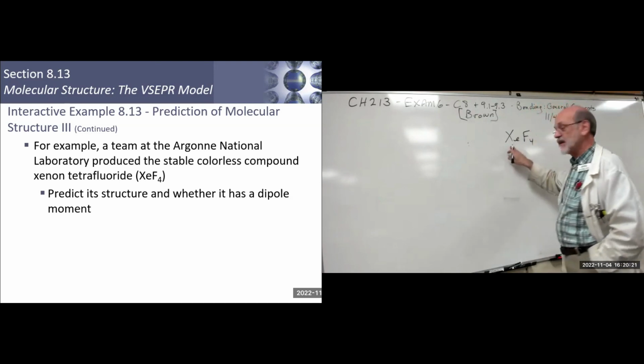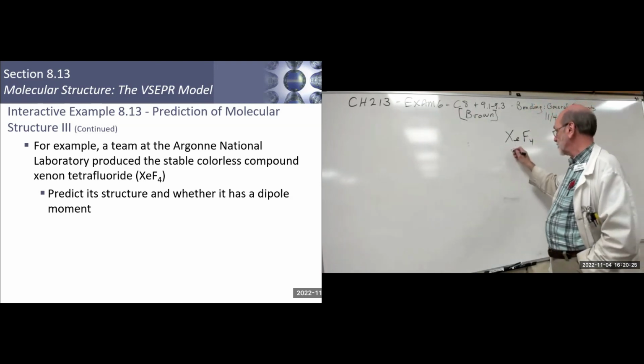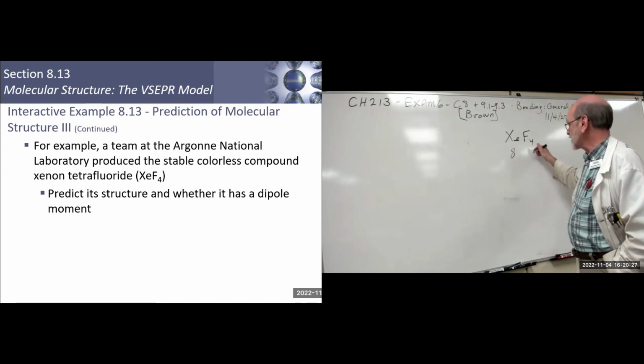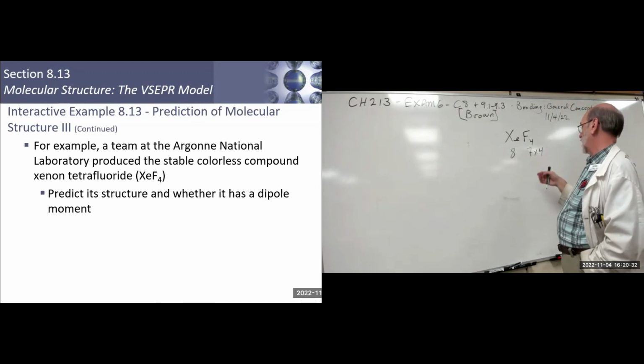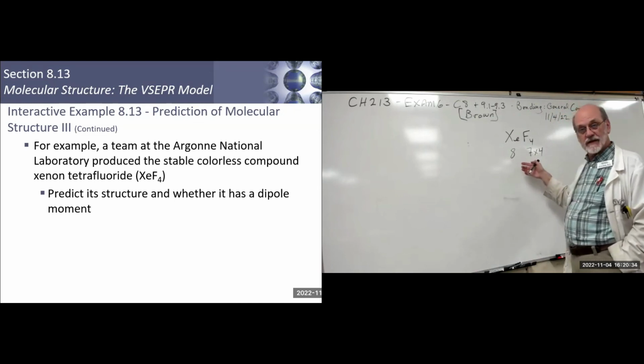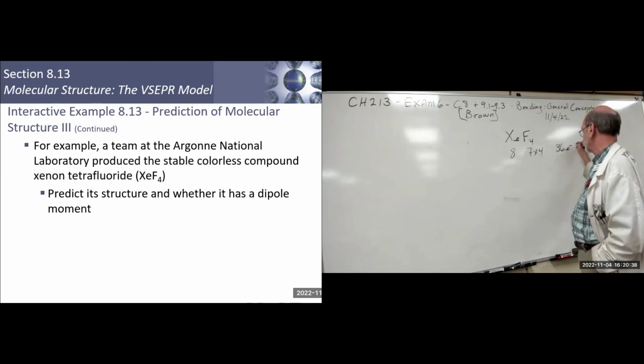Okay, xenon has 8 valence electrons. Fluorine has 7 times 4. So 28 plus 8 is 36, right? 36.